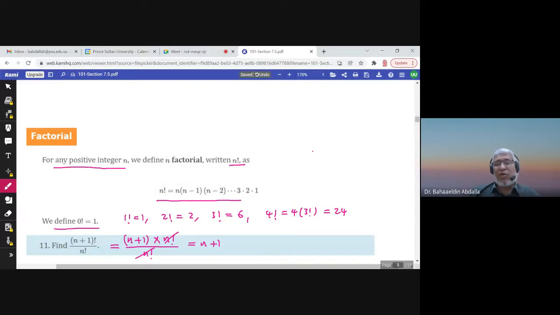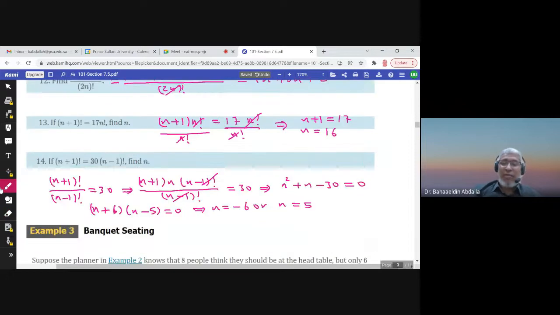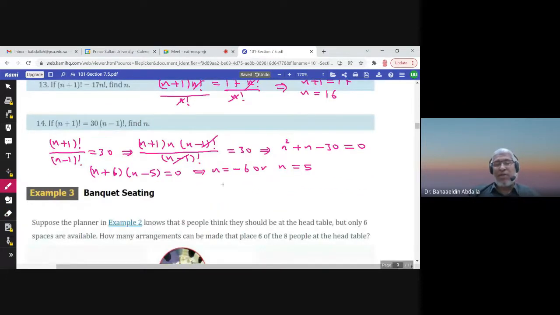So there is nothing called negative 2 factorial. Factorial is not defined for negative numbers, all right? So negative 6 here is rejected because n cannot be negative. Then the only possible answer is 5.